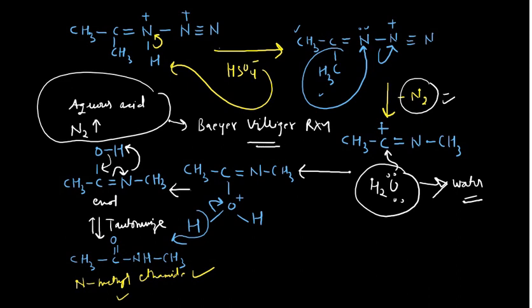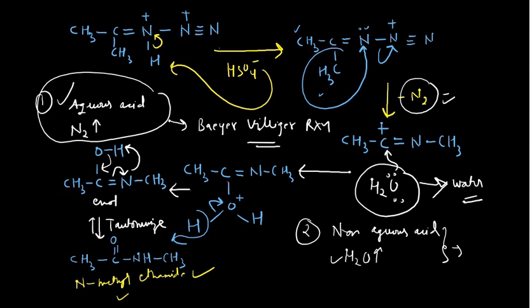See, and if you are not using aqueous acid, if you use non-aqueous acid, say second condition, you can see this was your first condition. Second condition, if you are using non-aqueous acid, and in that case you are removing water from there, that pathway is known as the Beckmann type of pathway or Beckmann rearrangement.